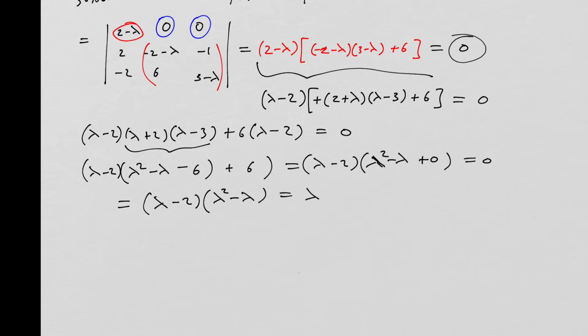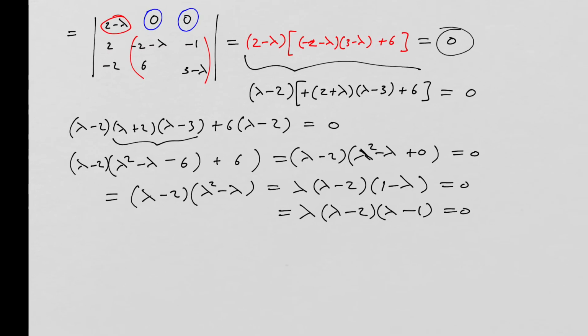We can factor out the lambda, like that, and that's equal to 0. Just to tidy up things a bit, I'll make that a lambda minus 1 there, and that's equal to 0.